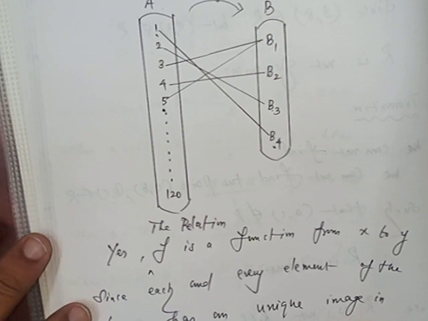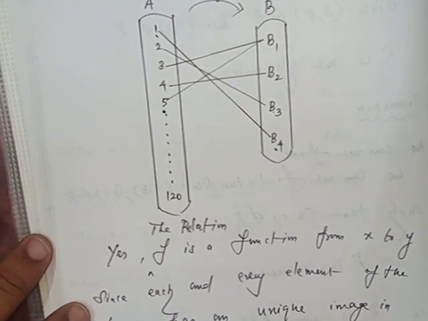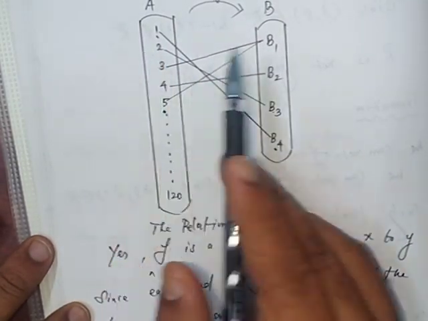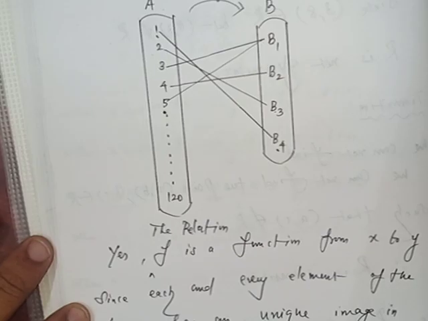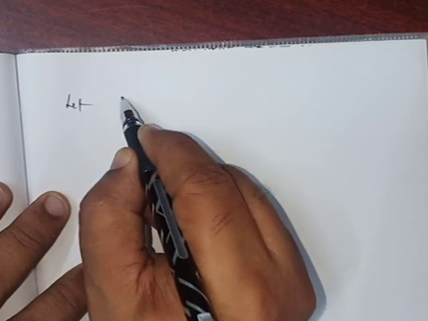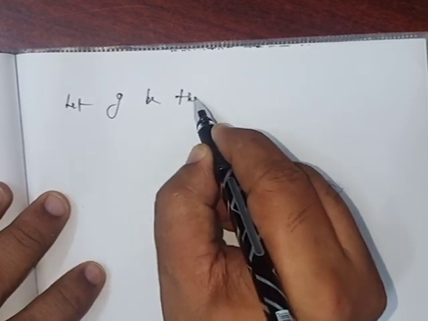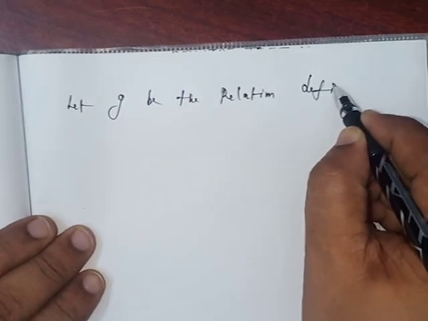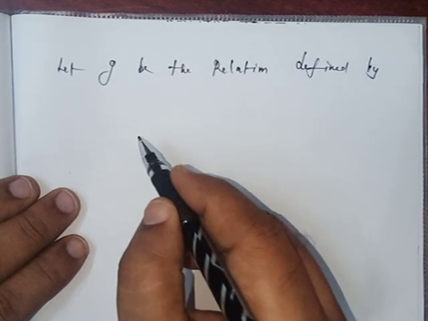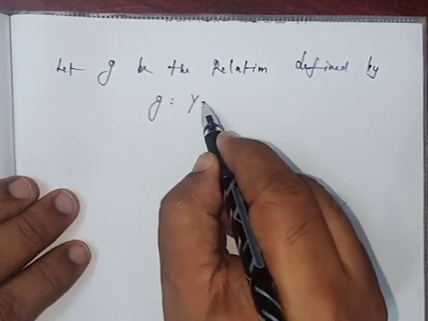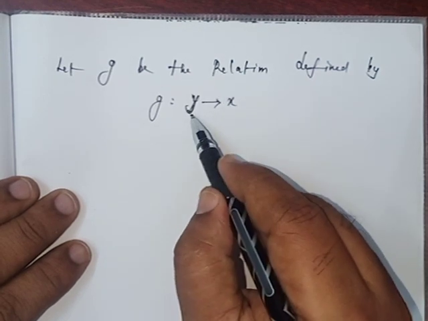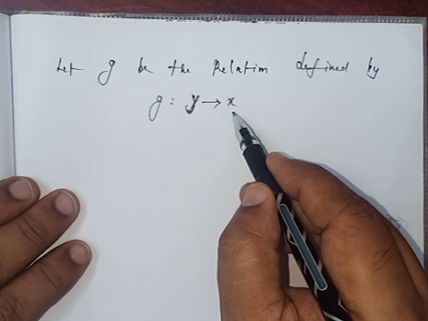Now we have to verify the inverse function. Inverse, B to A, is a function or not. We have to verify. Let G be the relation defined by G from y to x, small y to small x. Here y represents section and x represents student.